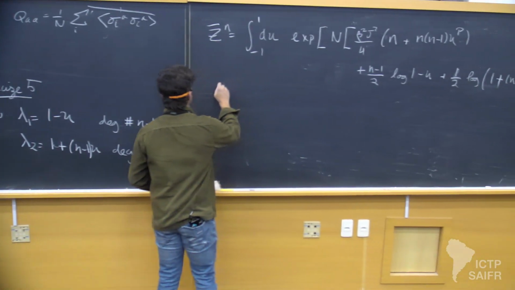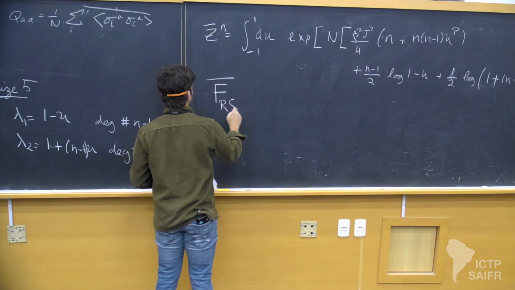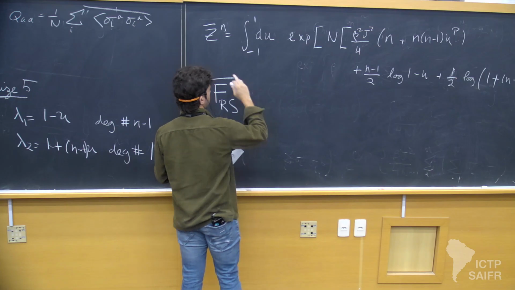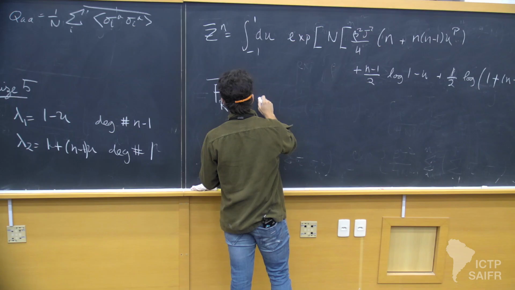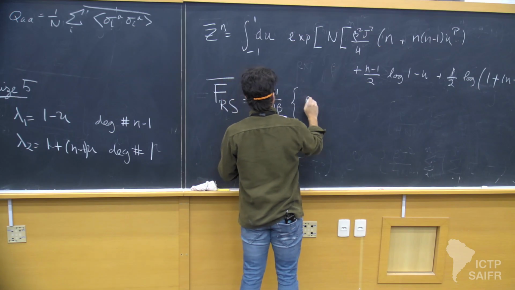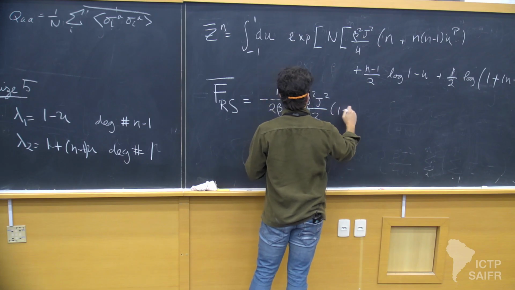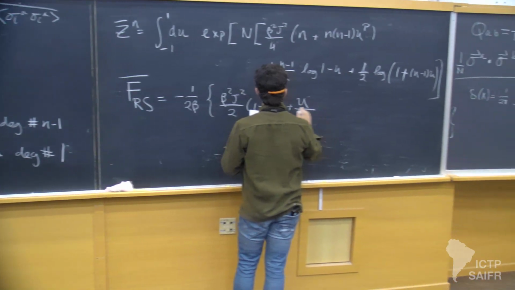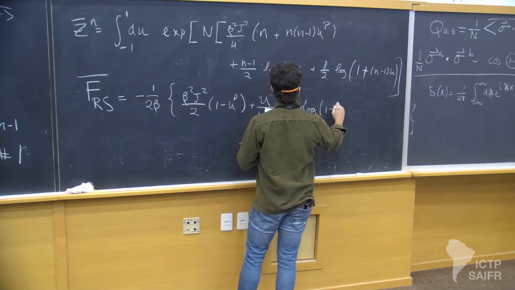So the replica symmetric free energy is, I take a derivative in n of the log of this, it's minus 1 over 2 beta, beta squared J squared over 2, 1 minus u to the p, plus u over 1 minus u, plus log of 1 minus u.